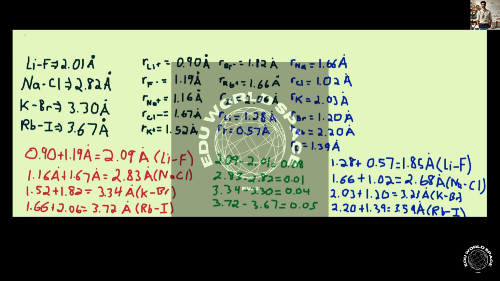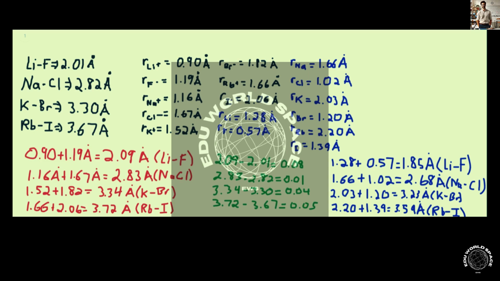For sodium chloride, you have 0.01 with ionic radii, while using neutral radii, you would have a 0.14 difference. For potassium bromide, you have a 0.04 difference with ionic, and a 0.07 difference with the neutral. And for rubidium iodide, you would have a 0.05 difference with the ionic, and a 0.08 difference with your neutral.